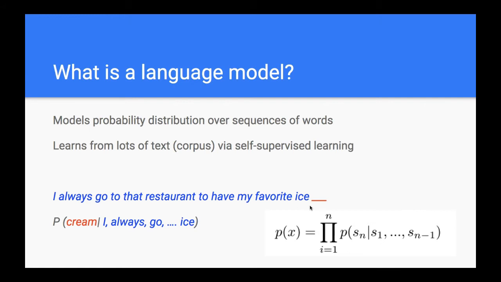And definitely there are also other words that would be correct in this context, but there is a probability distribution. The most probable word for this is probably ice cream, right? So the language model needs to model this kind of probability distribution, and the training objective is to predict the next word as accurately as possible.